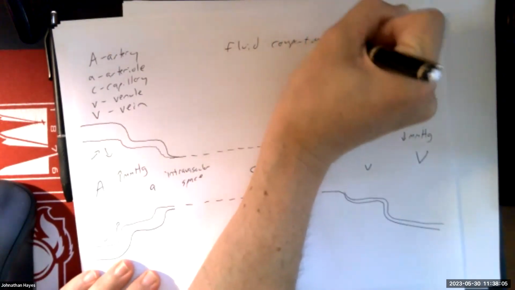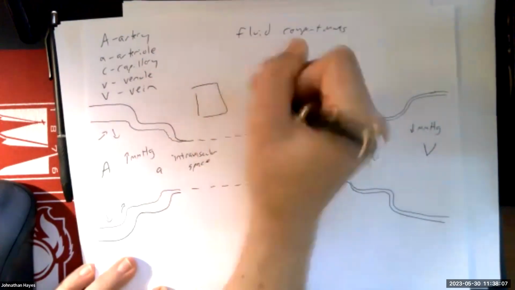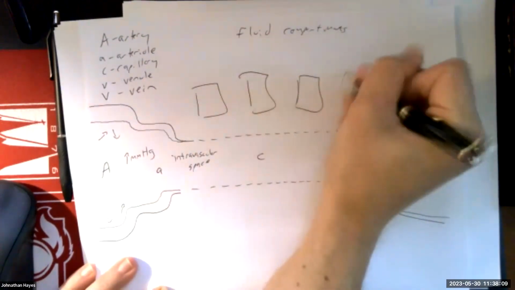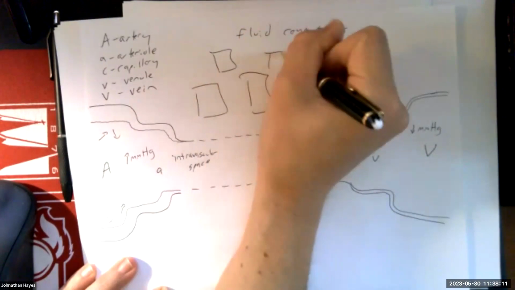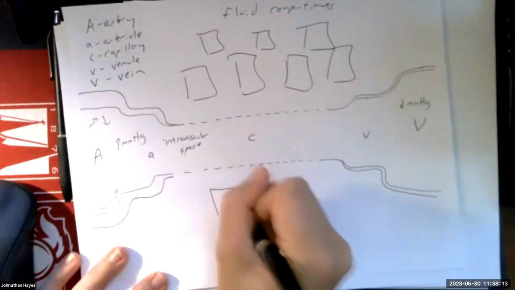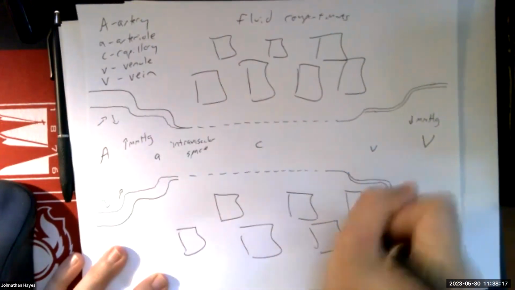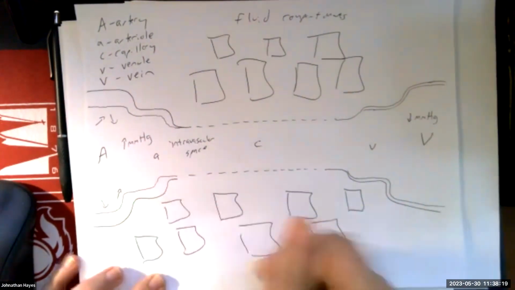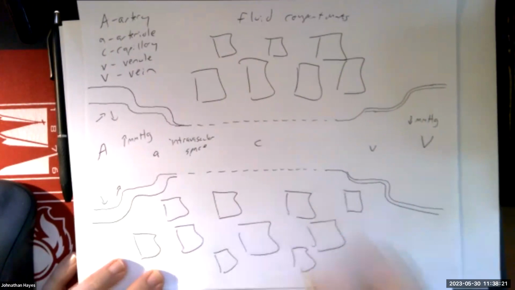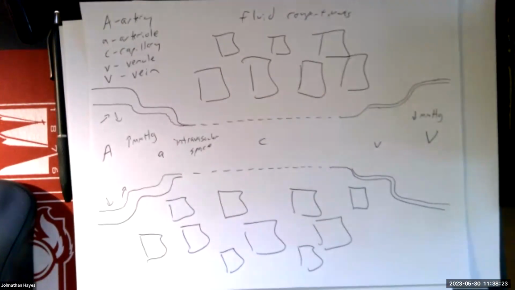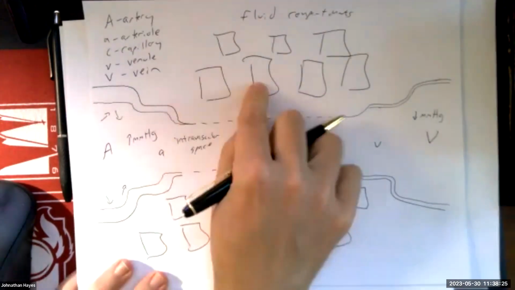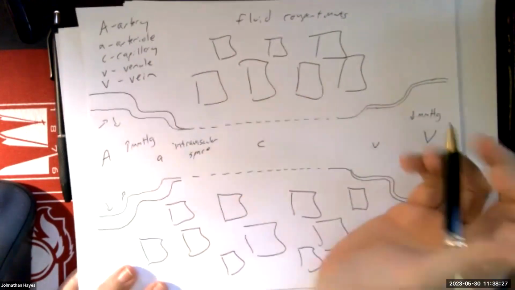Okay, so imagine we have cells that live out here. Here's a cell, here's a cell, there's just cells everywhere. And within each cell is the intracellular space.